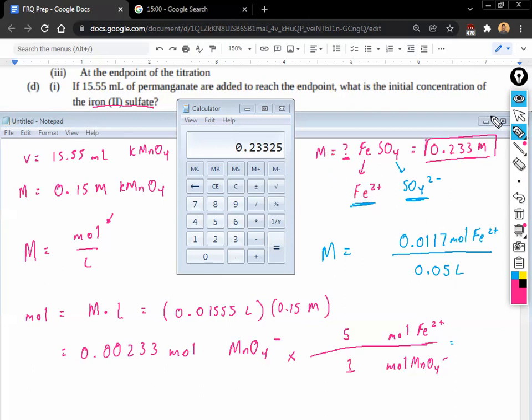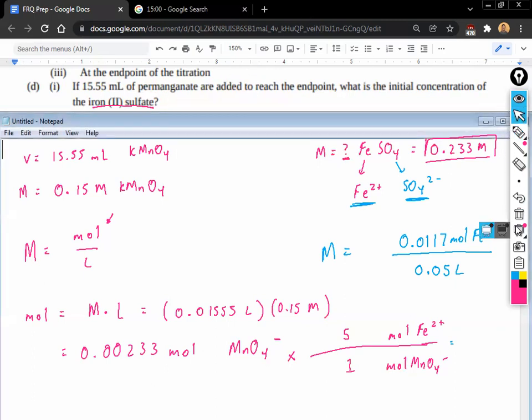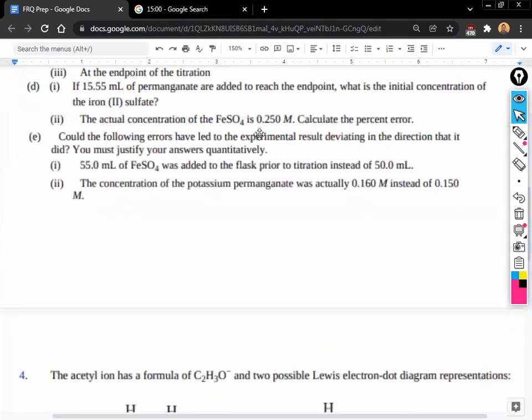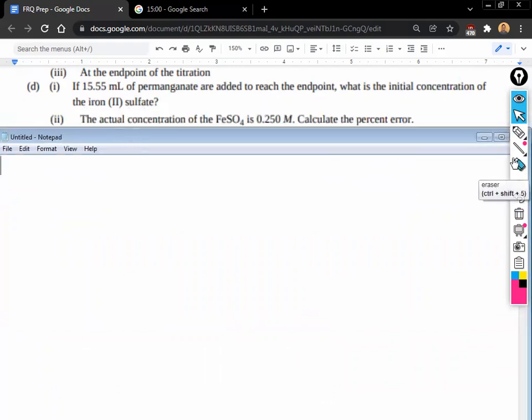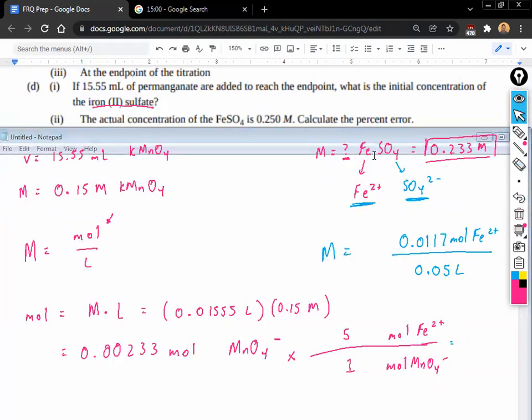Okay, so that's D part 1. Now let's go to D part 2. It tells us the actual concentration of FeSO4 is 0.25 molarity, and you need to calculate the percent error. Now, this is pretty simple. We have our concentration that we calculated, which is 0.233. And so what we need to do is calculate what the error is.